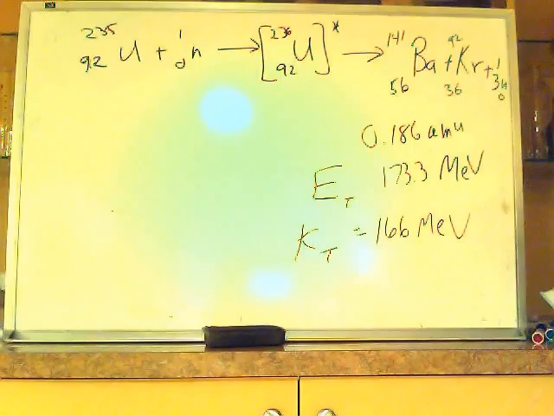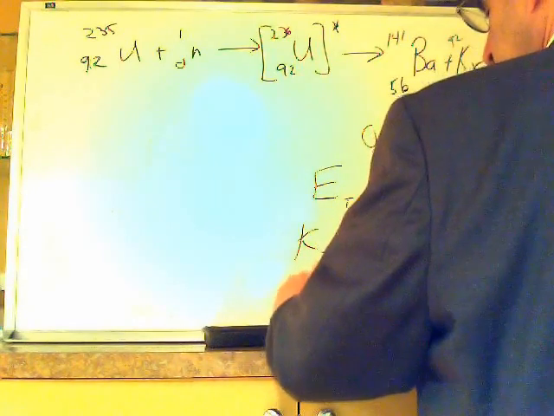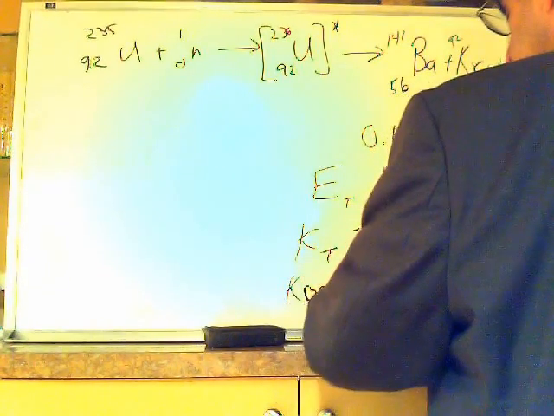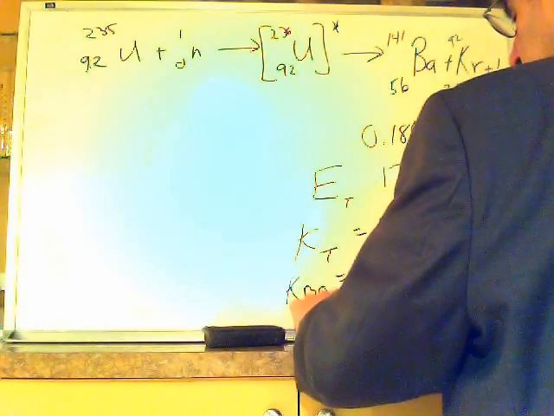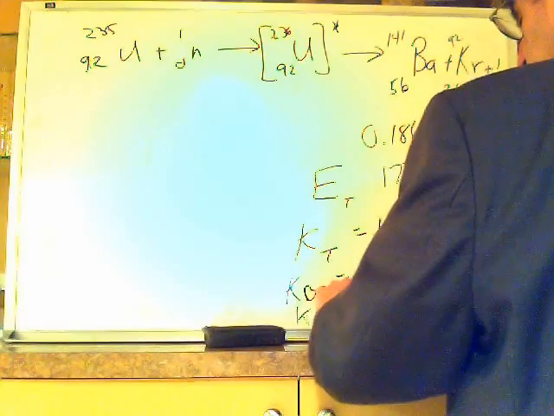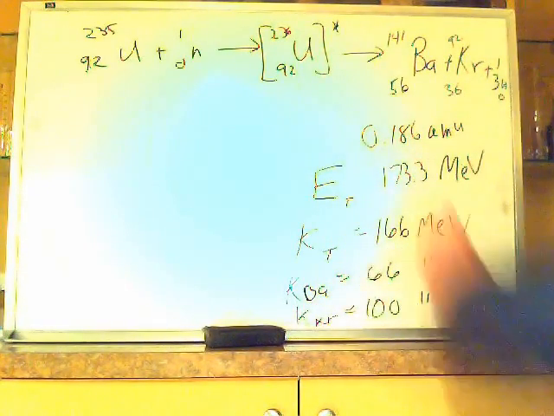Okay. So 66 of it is from barium. So K for barium equals 66. That means the K for krypton has to be the remaining 100 million electron volts. And that gives you the total energy.